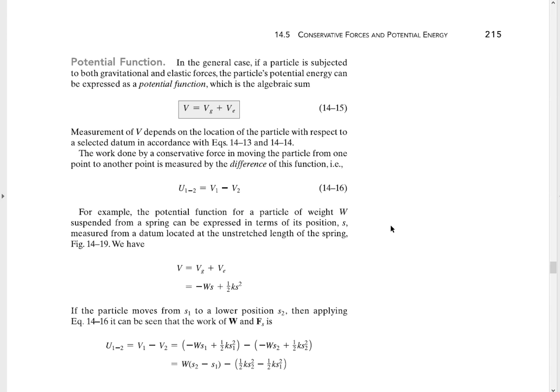They have potential, and if you can maintain a constant force in a constant direction, like gravitational forces are, you could talk about the potential of a force that maintains direction and is constant in magnitude, mimicking the weight, or the elastic force.